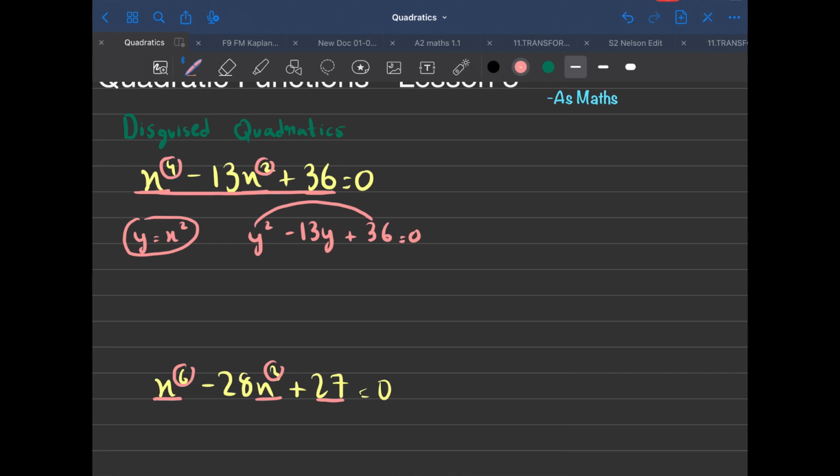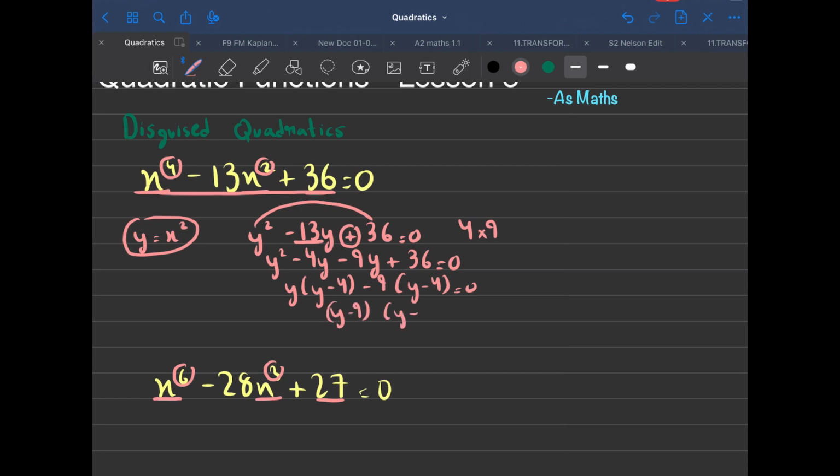What are the factors of 36 that add to make minus 13? So 4 into 9. Let's use that. y squared minus 4y minus 9y plus 36 is equal to 0. Take y common, y minus 4. Take minus 9 common, y minus 4. So what's the answer of y? It's going to be y is equal to 4 and 9.